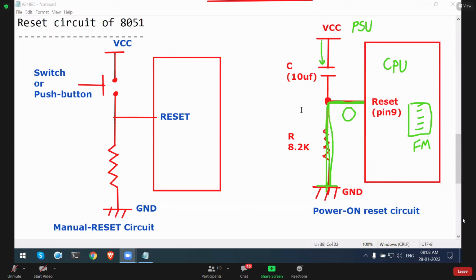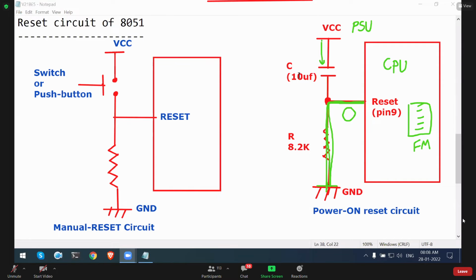After 80 milliseconds, this reset pin becomes 0. If you want to find out the charging time, when the capacitor is fully charged, only then does the reset pin become 0. The charging time depends on the product of the R and C values, resistor value times capacitor value.